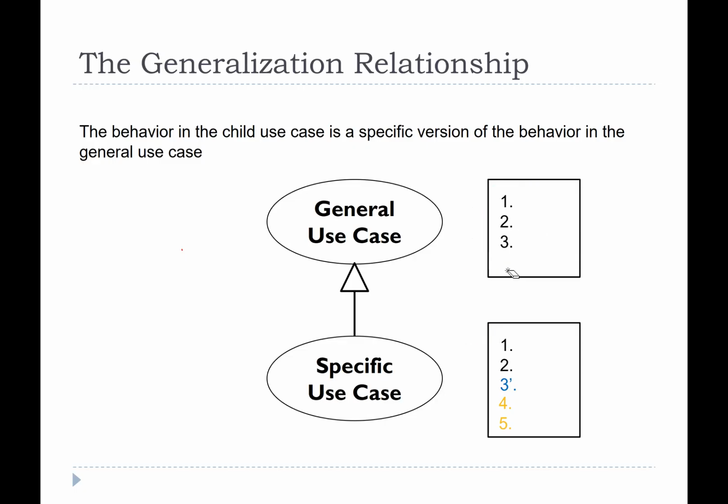So we actually get 1, 2, 3. One thing we can do is take that 3 and do an override. We can say that 3 we're going to do a slightly different, or we can do some adding of the steps that we've inherited from the general use case.